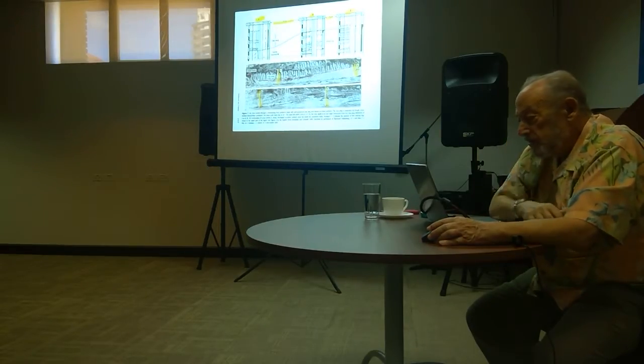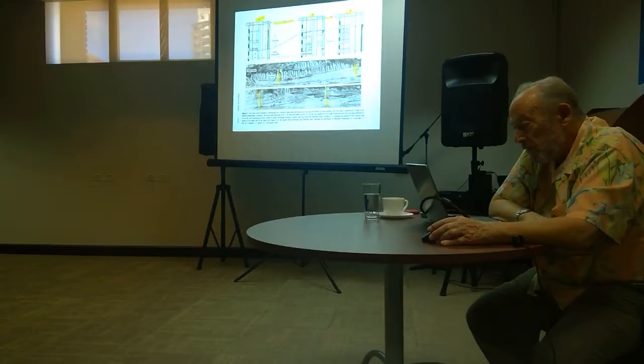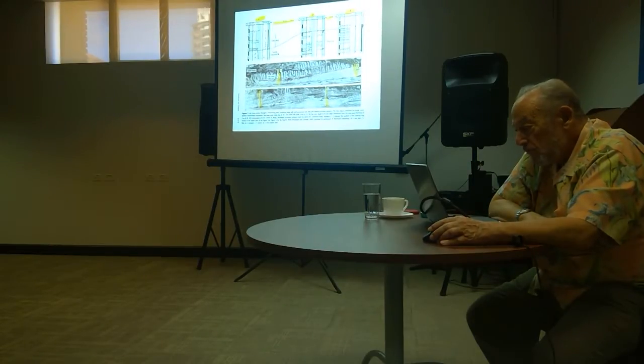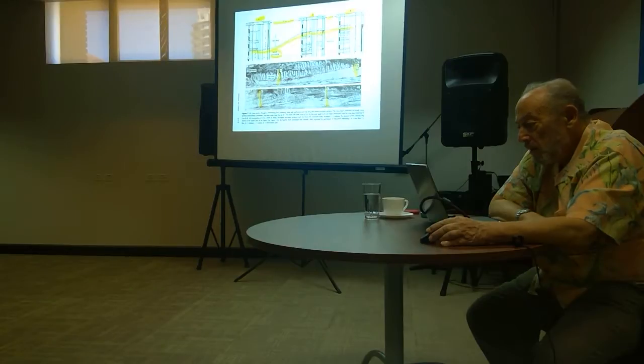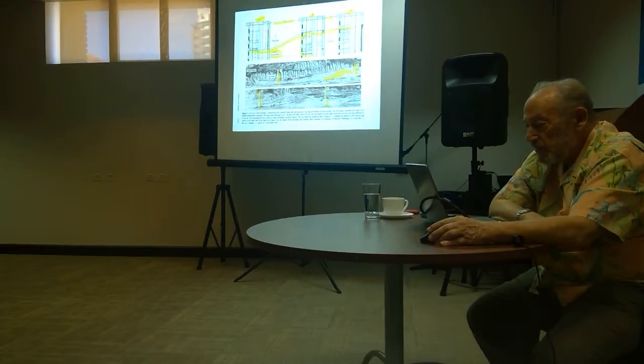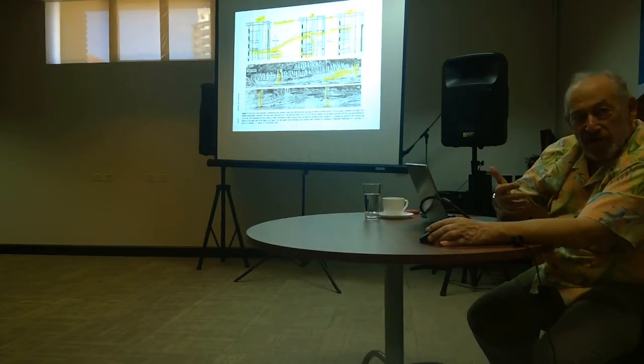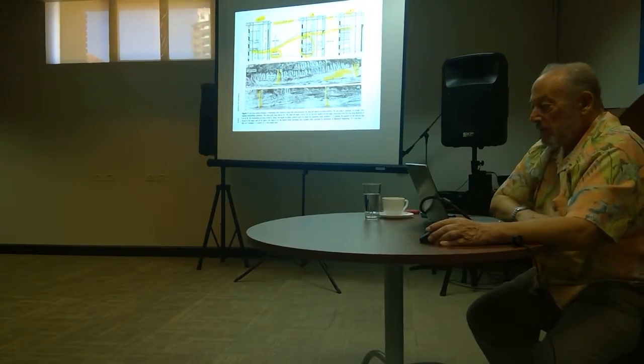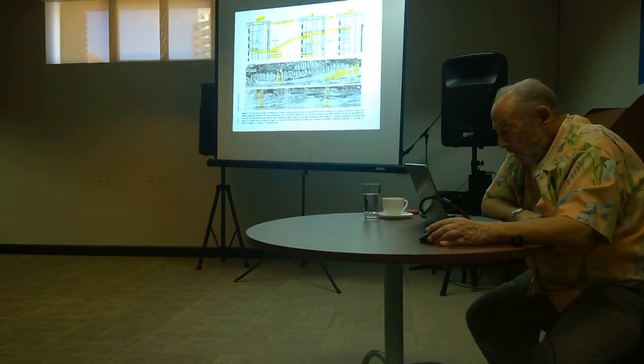And what you see down here is a sandy channel fill. Here's the top surface of that sandy channel fill, and on the picture, that would be right here. This would be the sandy channel fill. All the symbols here refer to various features that you see in point bar deposits.